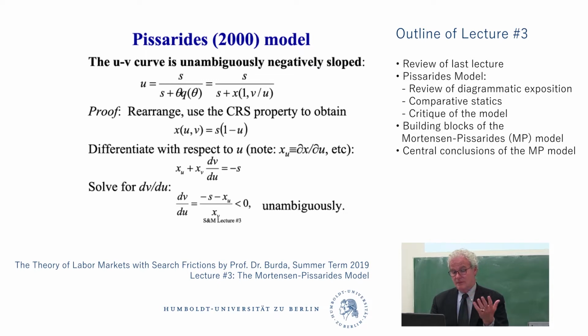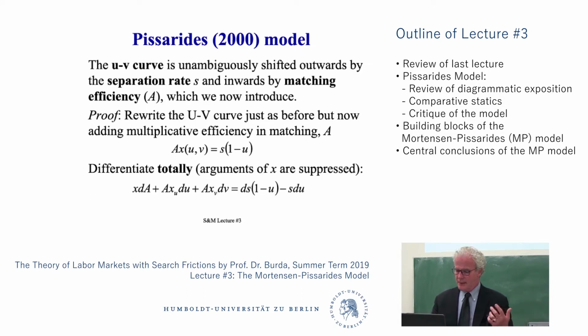The change in this particular case would be changing the rate of match dissolution. So remember, you have the inflows into unemployment, which is S times the stock of employment, and then you have the outflow rate, which is the unemployment stock times the matching probability coming from the matching function. Okay, and then you could do the same exercise holding u constant and solve for dV/dA, which is what I said before in reverse order.